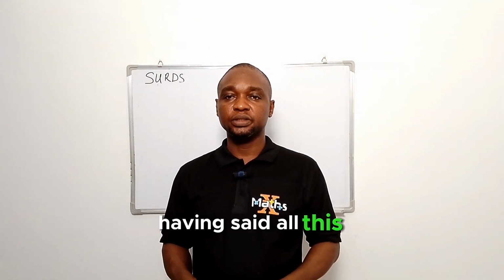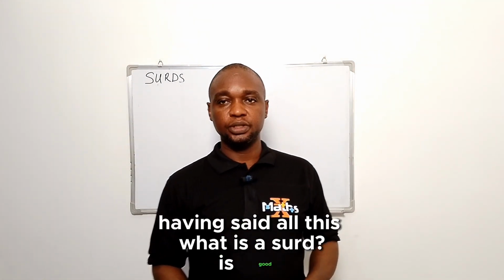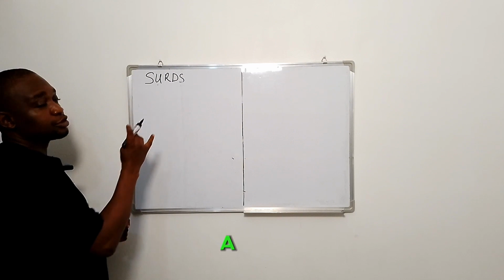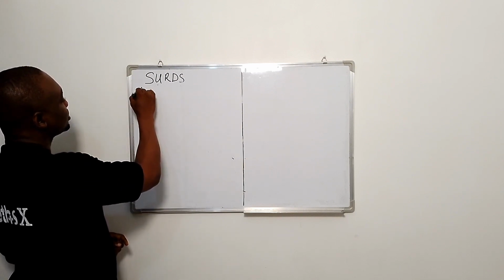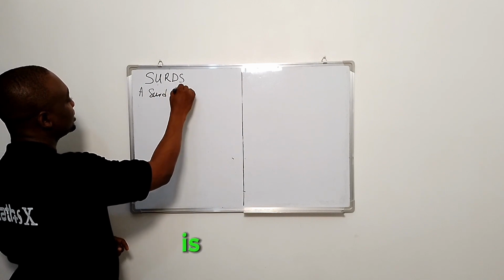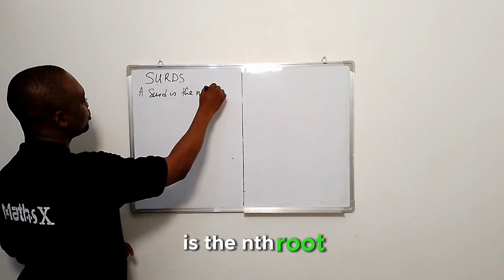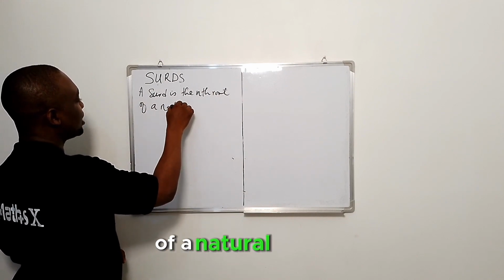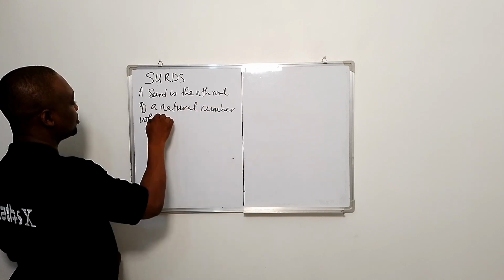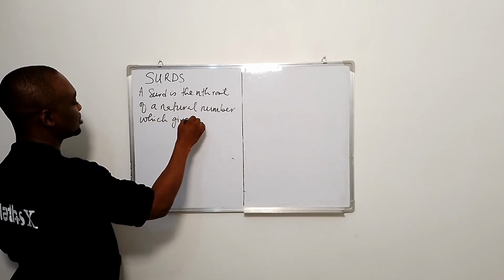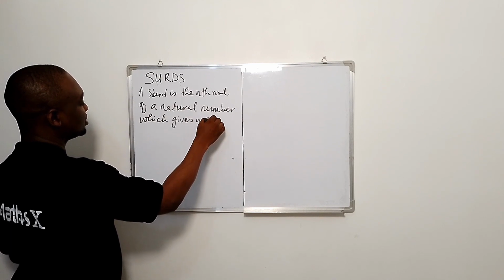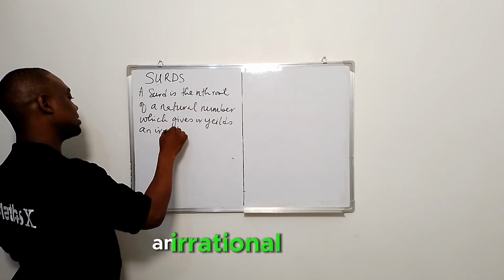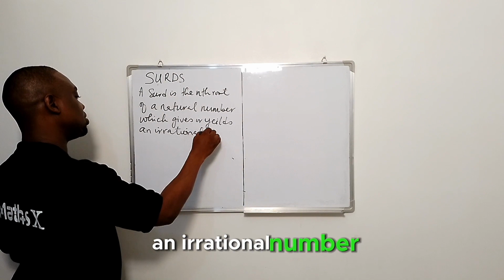So having said all this, what is a surd? It's good we have a definition for what a surd is for my dear students and viewers. A surd is the nth root of a natural number which gives or yields an irrational number.